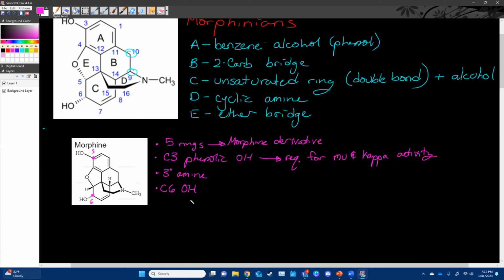So in order for a drug to bind to the mu and kappa receptor and cause some sort of activity, we need to have this OH on carbon 3.